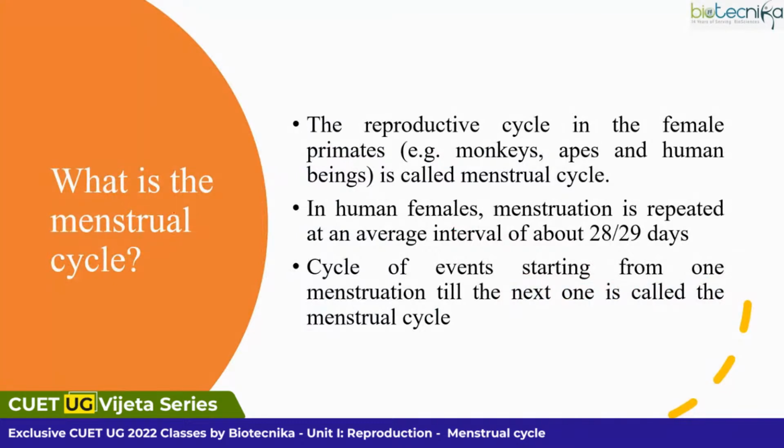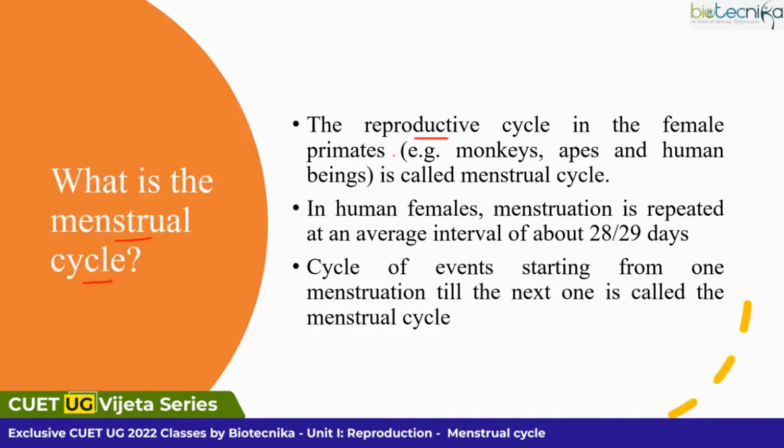Yes. So first question is, what is the menstrual cycle? When we talk about this menstrual cycle, some get confused about what it actually is, right? We have heard of this term, but we really don't know what it is. So in layman terms, it is basically a reproductive cycle in the female primates.